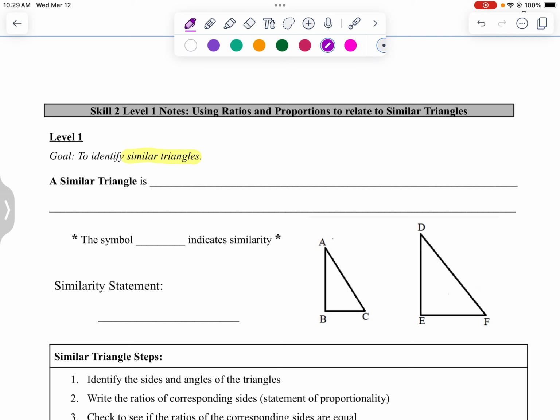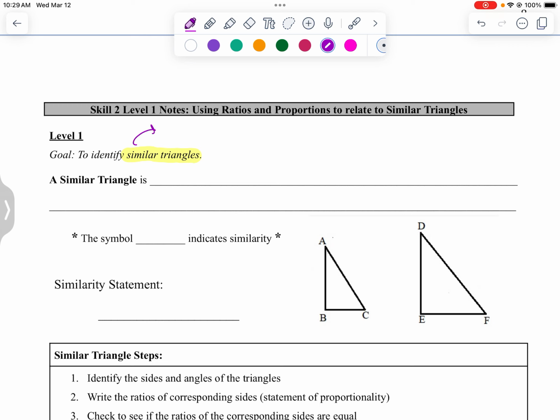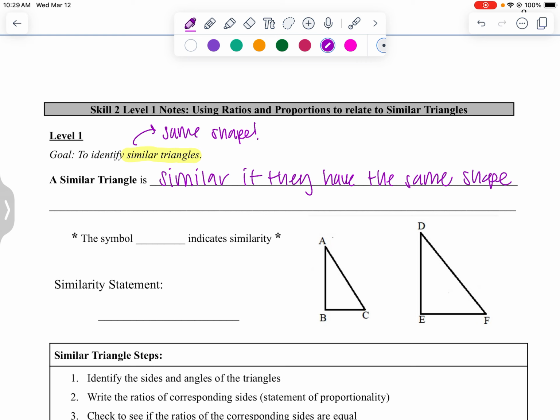Just to note over here, guys, similar triangles are just two figures that have the same shape. So then they are called similar. You could just say same shape. A similar triangle is similar if they have the same shape, but not the same size.